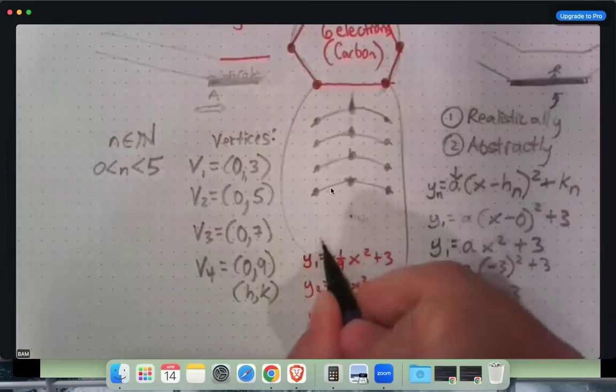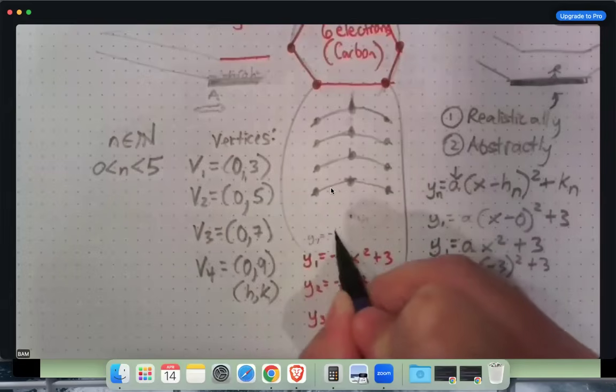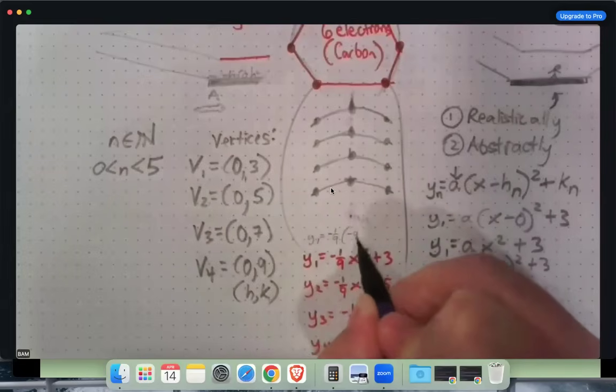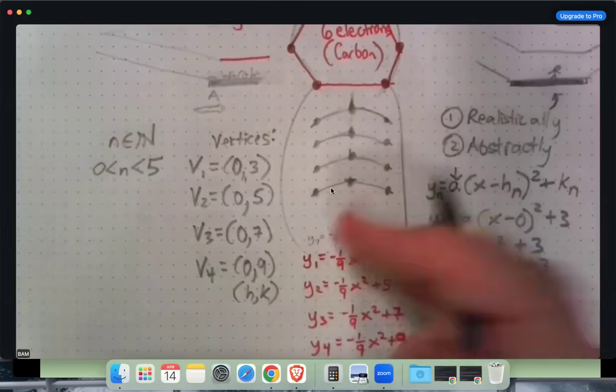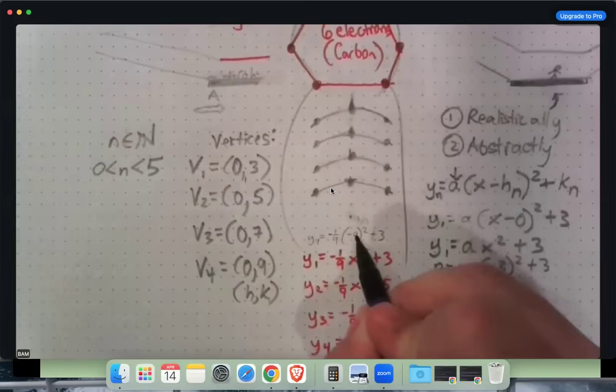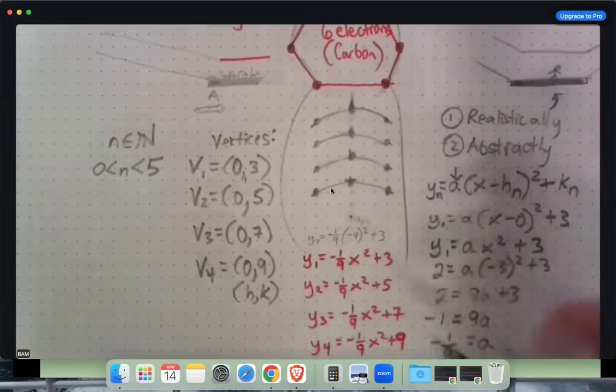Okay. So I could say y sub 1 is -1/9 times -9 squared plus 3. But -9 times himself is 81. Times 1 is 81. Divided by 9 is 9. -9 plus 3 is -6.